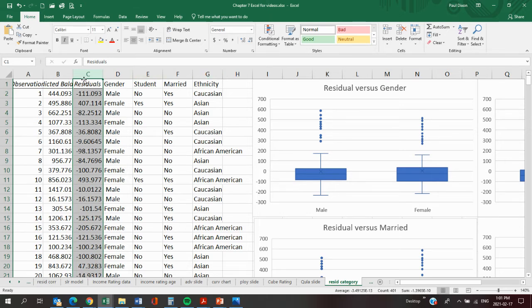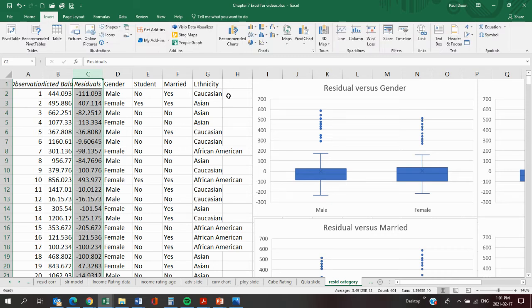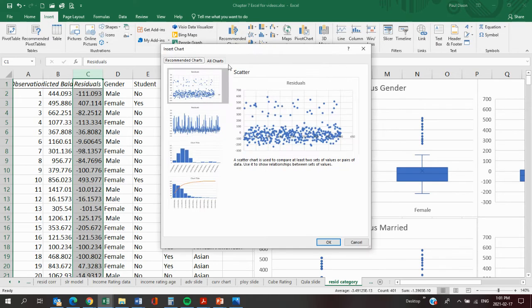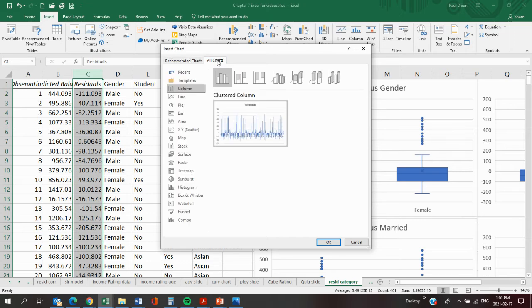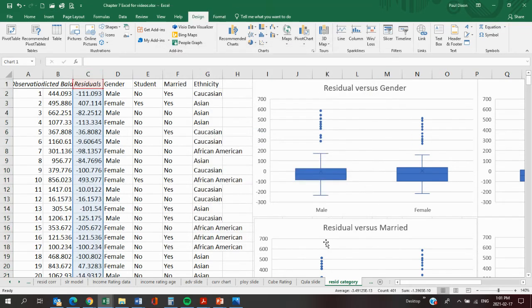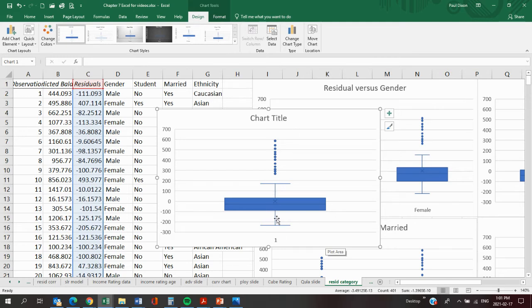And for the residuals, I created a box and whisker chart. If you remember what that is, I went and I said, insert, recommended charts. I didn't like that. I went to all charts, I went to box and whisker, click that. And this gave me a chart of all my residuals.